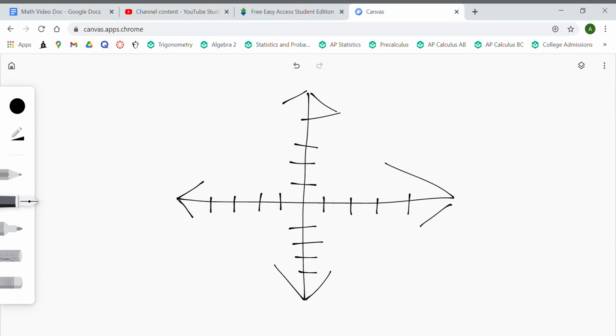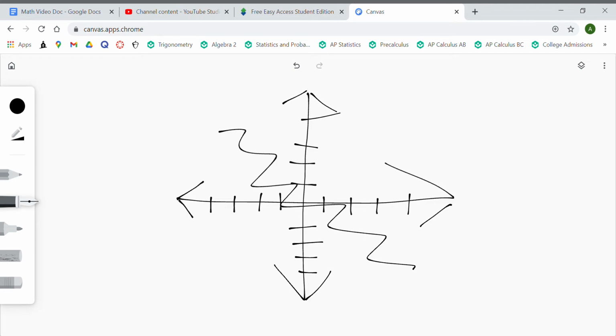Allow me to show you an example of something that does not pass the vertical line test. I'm just simply going to draw something like this. Notice the line that I just drew on my coordinate plane.